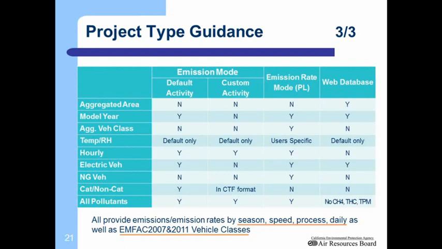Throughout the rest of the presentation, when we refer to EMFAC 2007 vehicle classes, that will be the traditional EMFAC with, I think, 15 to 20 vehicle classes. For EMFAC 2011, that will be more extended vehicle classes for heavy duty and medium heavy T6, T7.